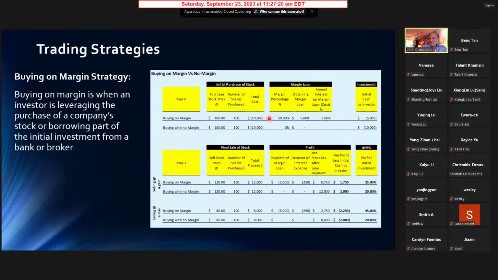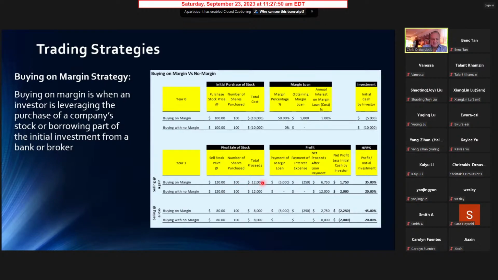You still buy $10,000, 100 shares times 100, but you borrow 50% of that. So you borrow 5,000, and let's say the bank charges you 5% a year. So basically, you come up with only $5,000 of your own money. That's your initial investment, 5,000, and you borrow the other 5,000, right? So the stock goes to 120, using the same example, times 100, that's 12,000.